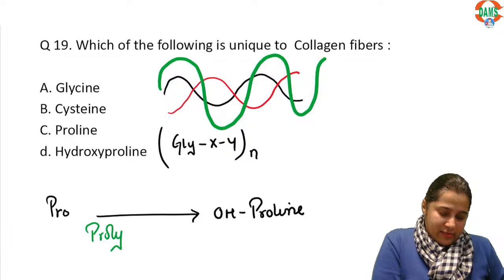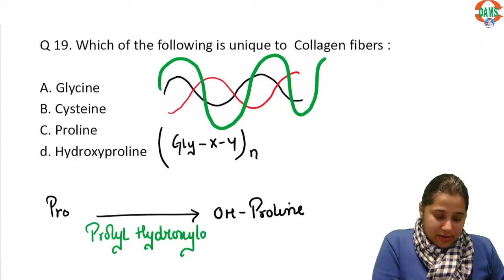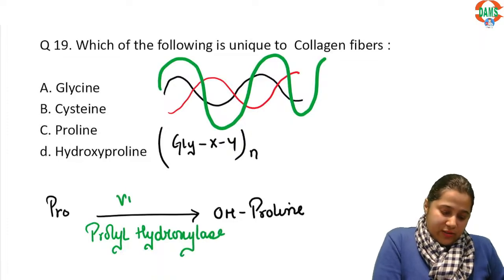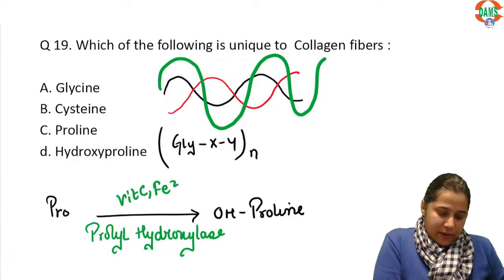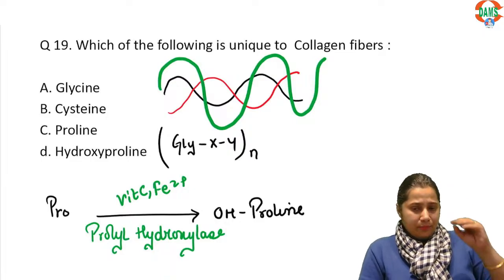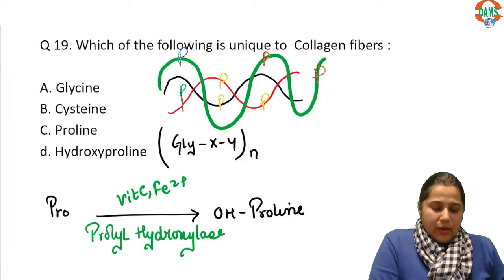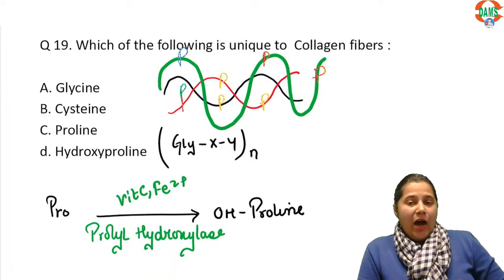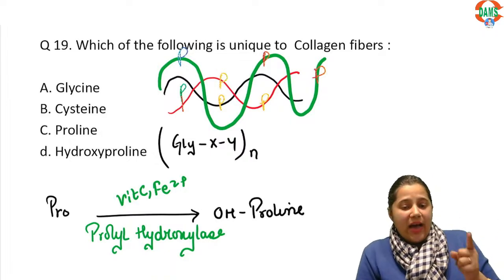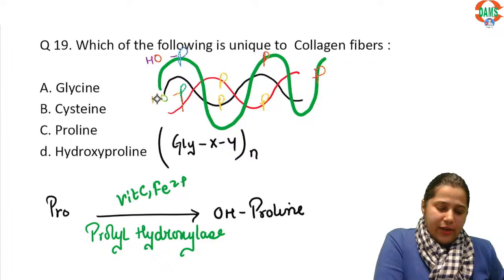For this, we need an enzyme, prolyl hydroxylase, and this enzyme simultaneously will require vitamin C and iron. It depends upon two things, vitamin C and iron. Now what happens is, wherever there is a proline here, proline here, proline here, after the whole protein has been formed, as a post-translational modification, a hydroxyl group will be added here.